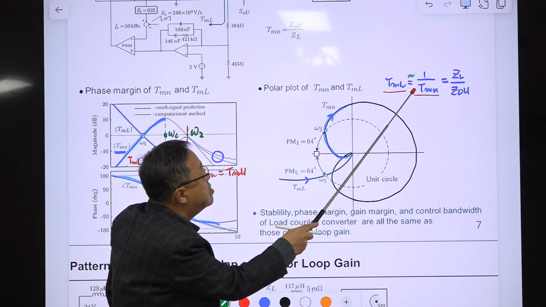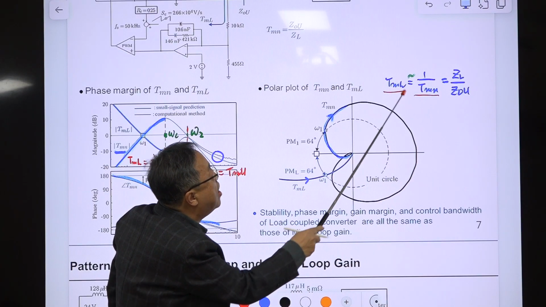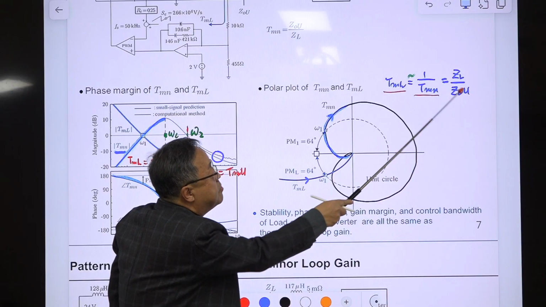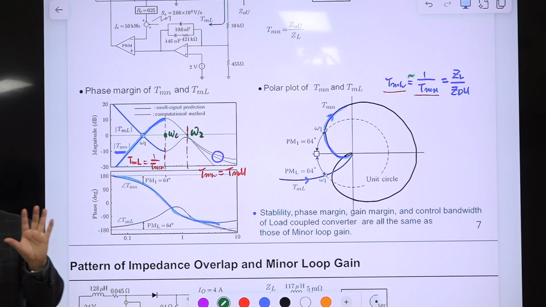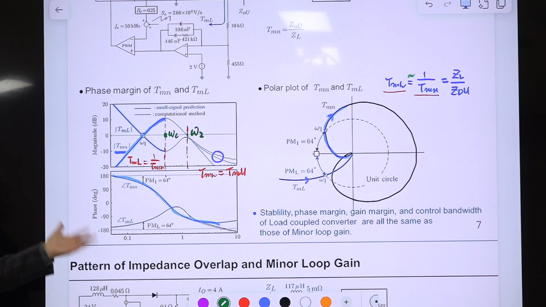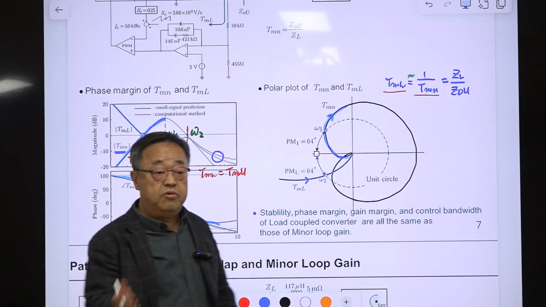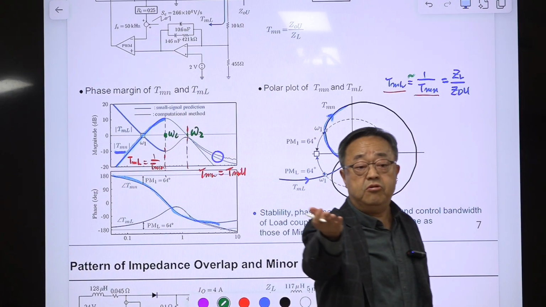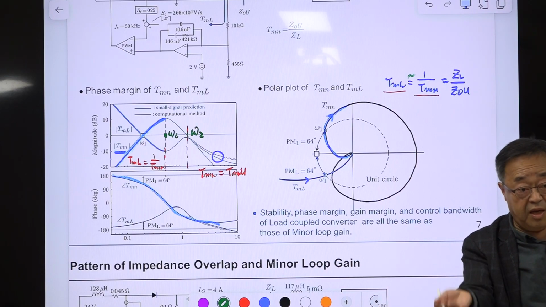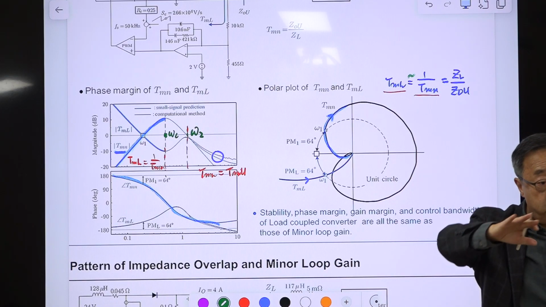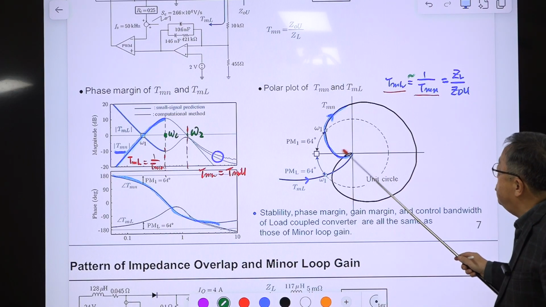TMN is GOU divided by GL, and TML is GL divided by GOU. I'll show one example of how to find this inverse relationship. You flip the magnitude plot against the real axis to get the mirror image, and you rotate the phase by 180 degrees, then you will get this.